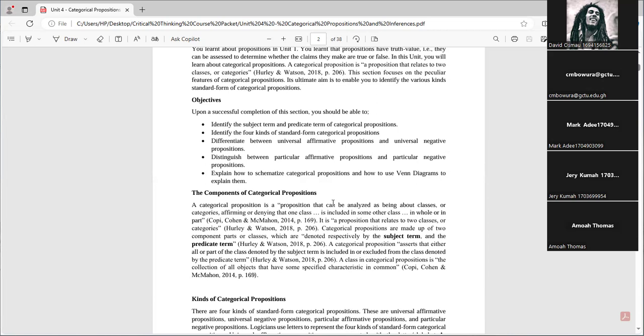The class of students is what we call the subject class or the subject term. The class of intelligent people is what is called the predicate class or predicate term. So every categorical proposition has 2 classes, the subject class or term, and then the predicate class or predicate term.